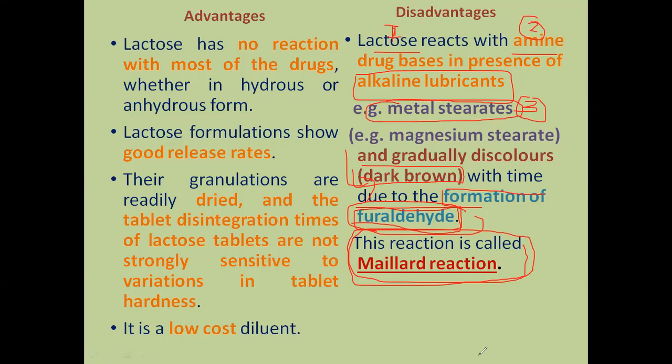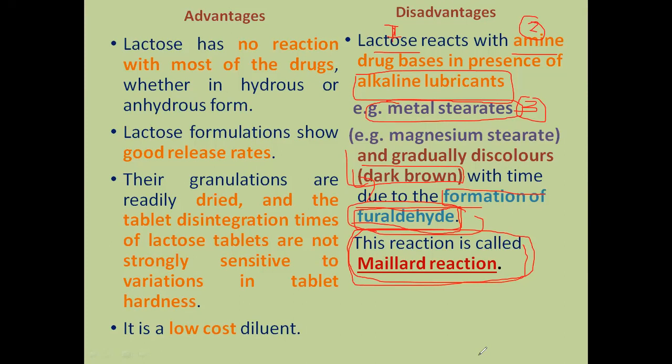Now this formation of furfural aldehyde will be responsible for the discoloration of your tablet. Okay, and this discoloration will be seen in the form of dark brown color. Okay, and the reaction is called the Maillard reaction.